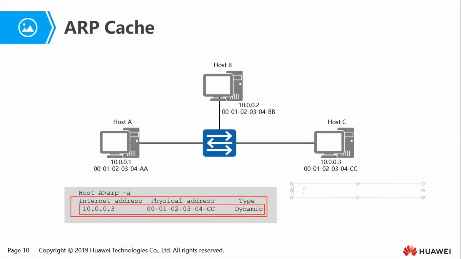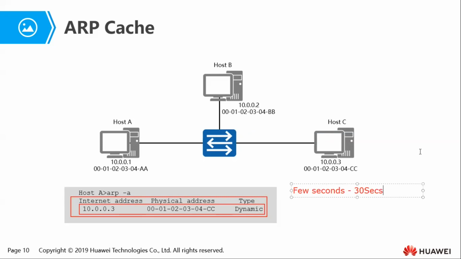It stays there for a few seconds. So it's not permanent. I don't know the default, but please go and read. I think it's about, I'm just guessing, 30 seconds.